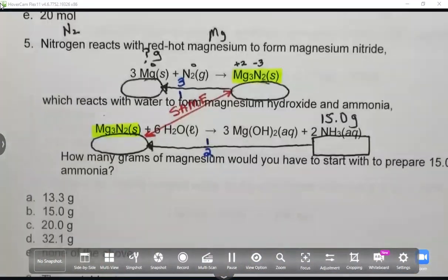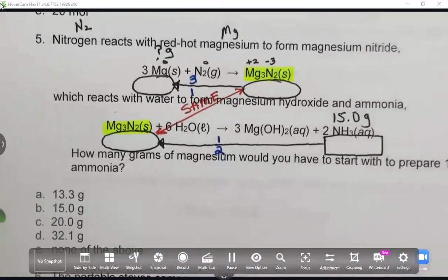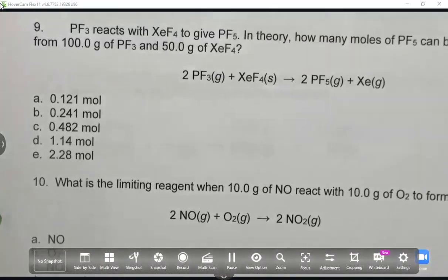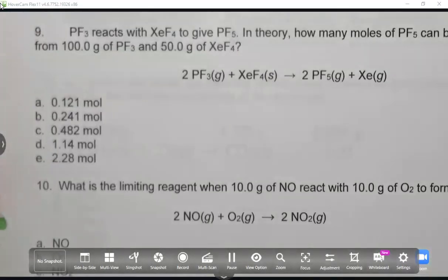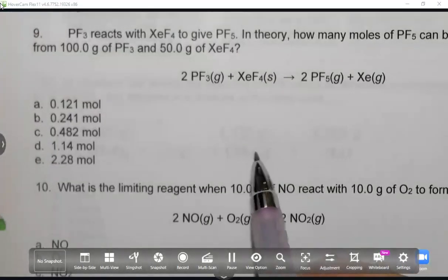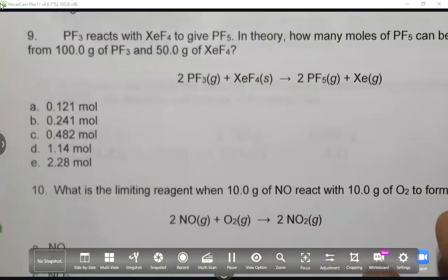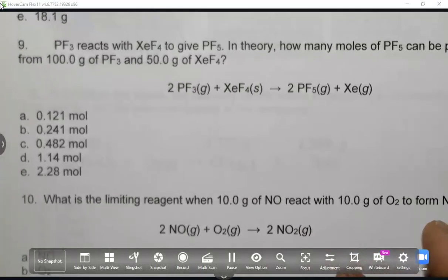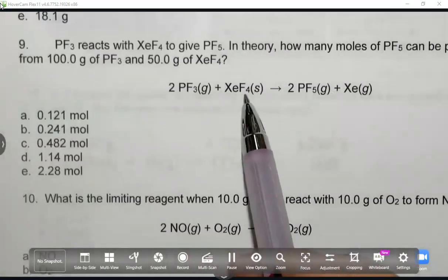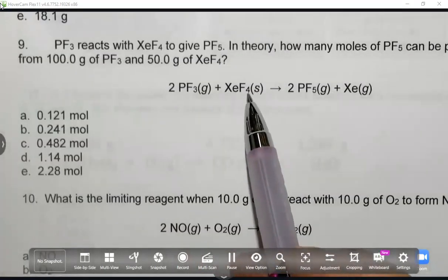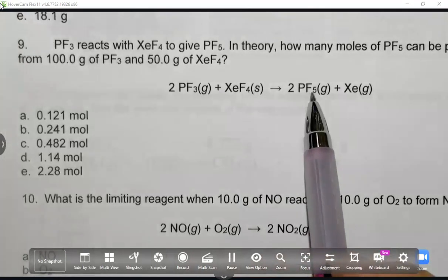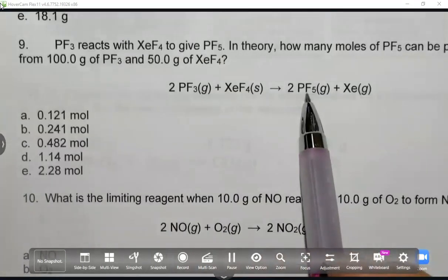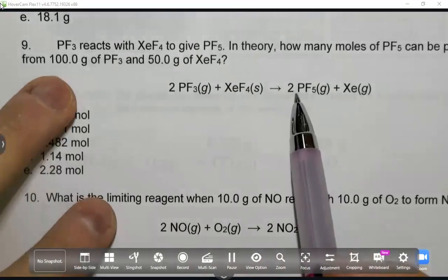Okay, the next one is 9. How many moles of PF3 reacts with xenon tetrafluoride, XeF4, to give phosphorus pentafluoride. 100 grams.